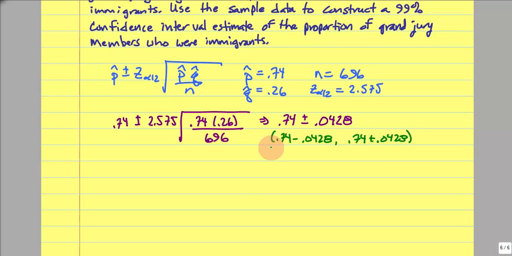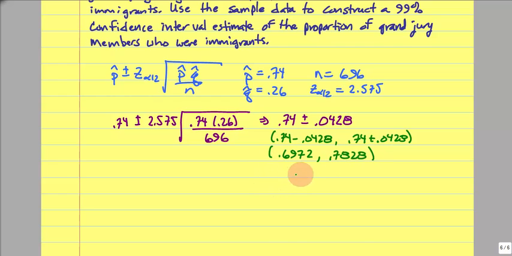So let's go ahead and have a look at our smaller value. That would be 0.74 minus 0.0428, and I get 0.6972. And then for my larger value, that would be 0.74 plus 0.0428, which is 0.7828. Okay, so here's my confidence interval, and remember it always goes small to large.